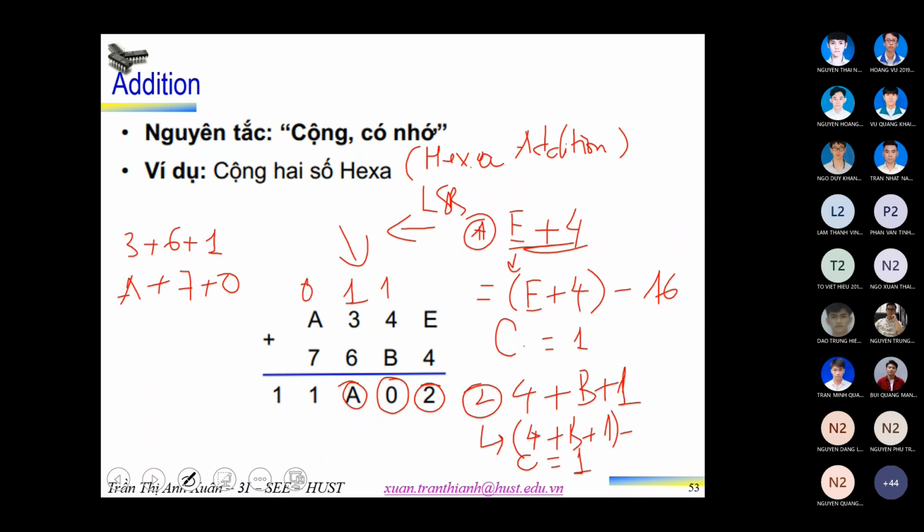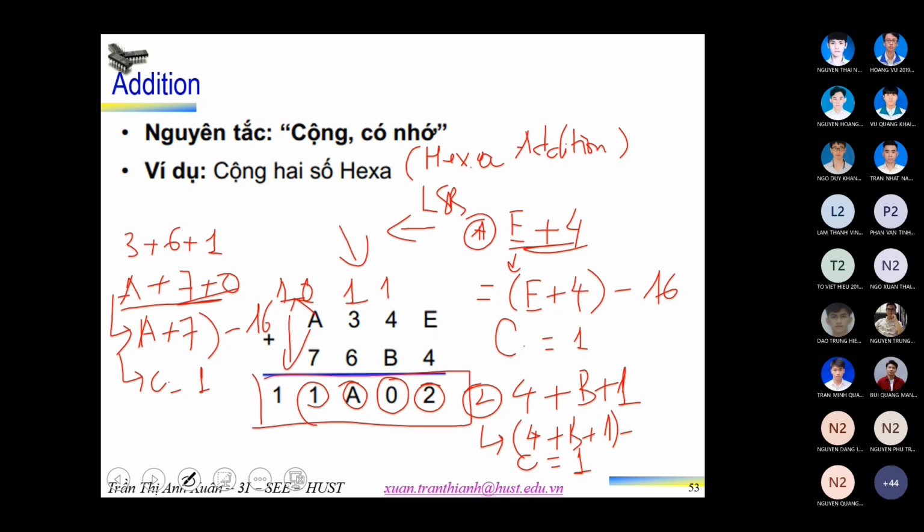The result is that this sum is greater than the base value 16, so the sum here is A plus 7 minus 16, and the sum is 1. Of course the carry out here is 0, 1. And then it's the final result.